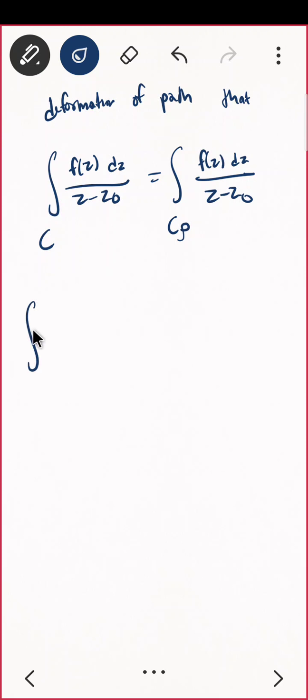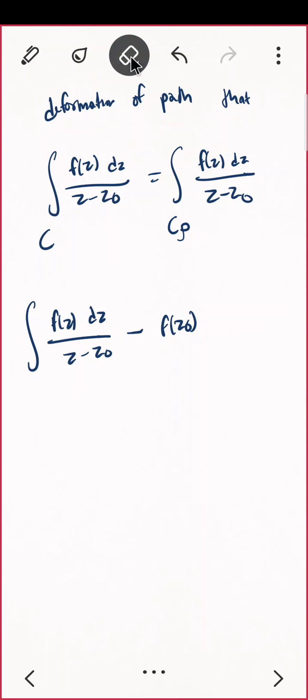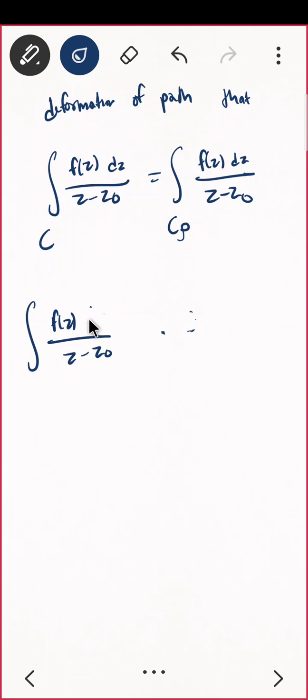That is the integral of f of z dz upon z minus z naught minus f of z naught, or if you want, you may write like this, just the derivative as we usually write it, dz. Can I write like this? I can separate this.